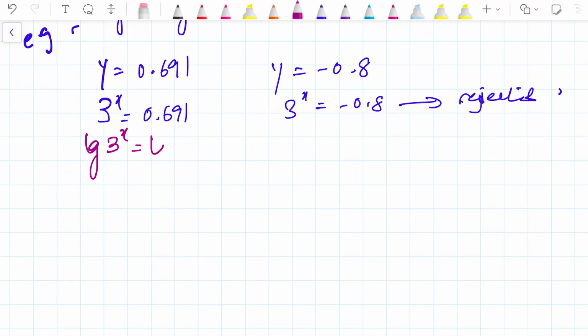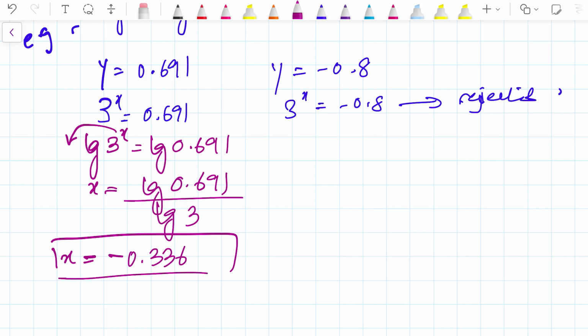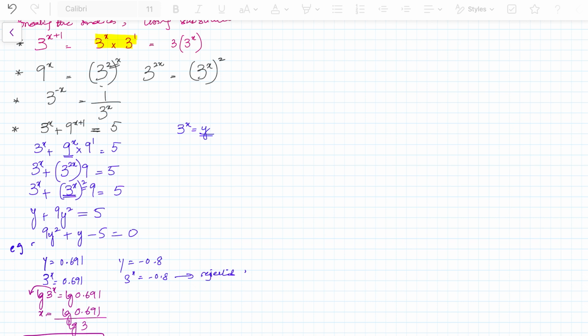And when we apply log, we always apply lg because that's a common log. The power comes down, and log 3 goes on the other side and divides. So therefore, using the calculator, lg 0.691 divided by lg 3 gives you minus 0.336. That's going to be my value of x, which was almost impossible to solve without substitution because the equation was very complex. But substitution helps us to solve it very easily.